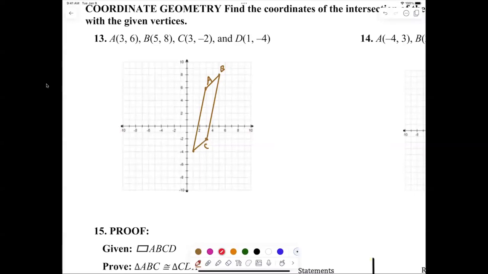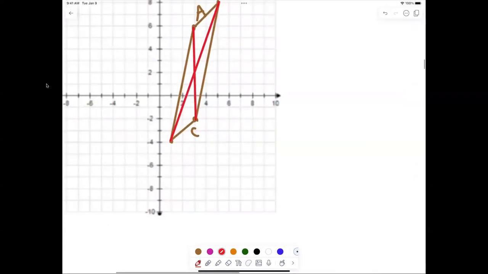So if we were going to find the diagonal here, you don't have to draw this anymore if you don't want, after you realize what we just did.